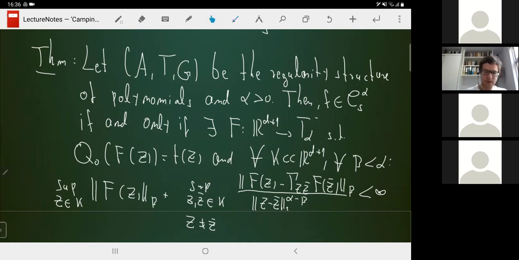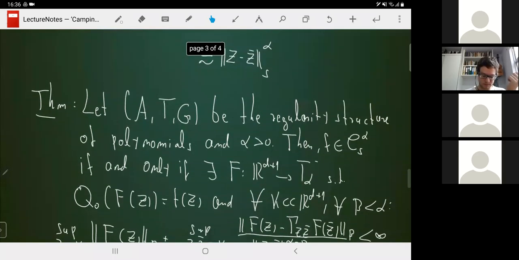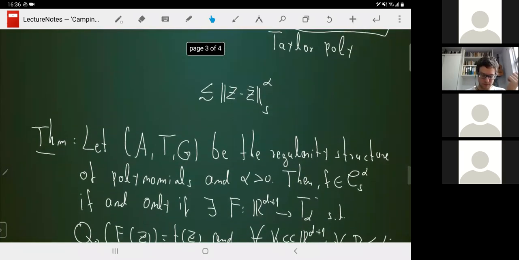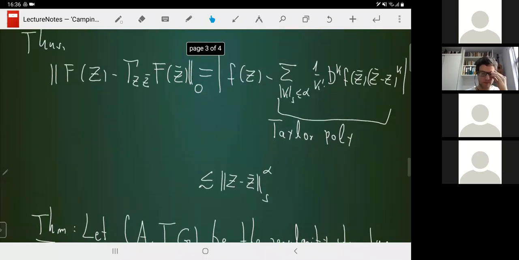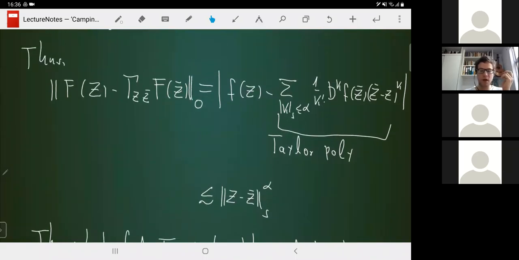In the above example, I didn't understand why we need to look at all coefficients up to order alpha. Well, in this case, of course not, because we already know that f is C alpha. But suppose you don't know, then you need to check.